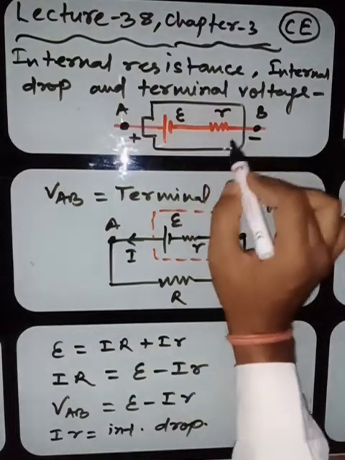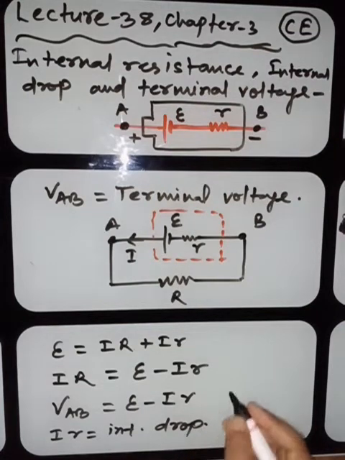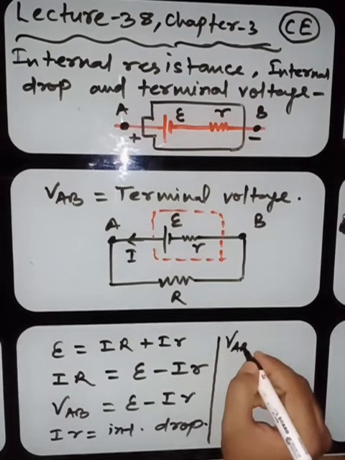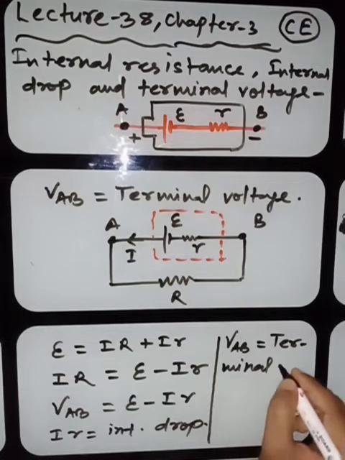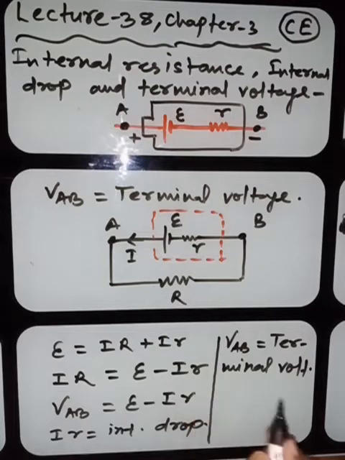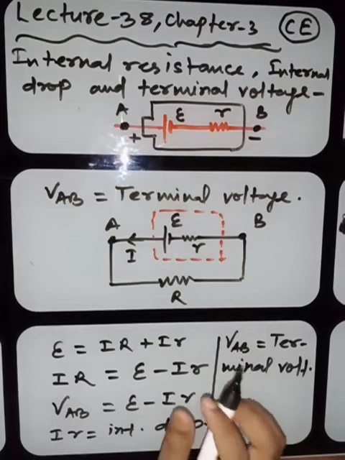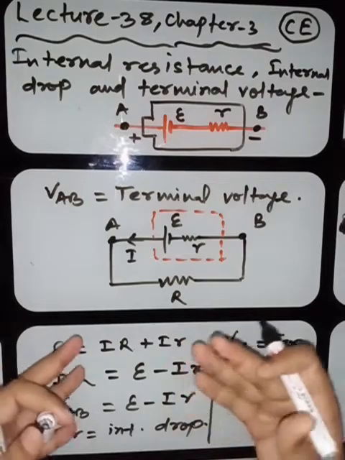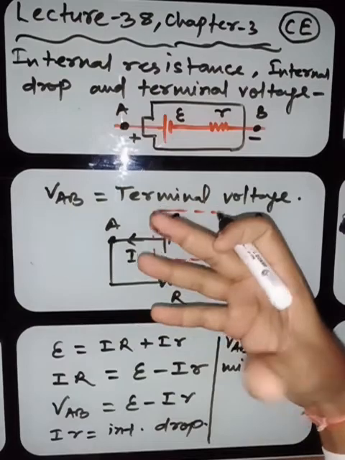Because internally, inside the cell, it drops and we cannot measure it. These terms you should remember: VAB is called the terminal voltage, Ir is the internal drop, and this is the EMF. Okay, my dear student, so this is all about this particular cell, and now we will continue this topic to understand a few more interesting facts about this cell.